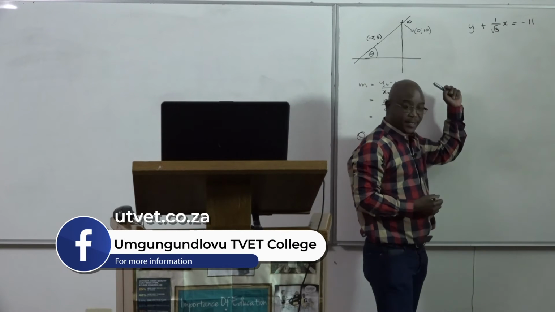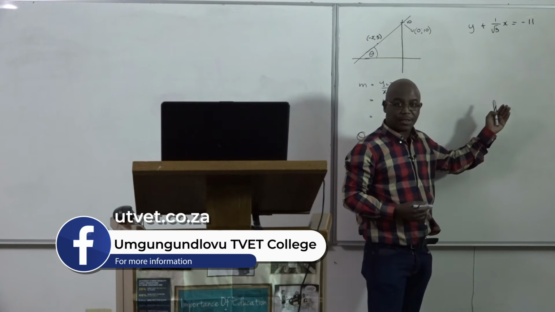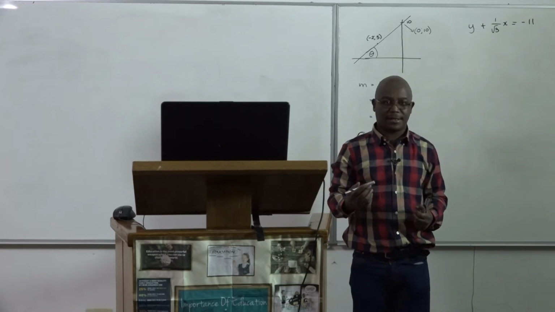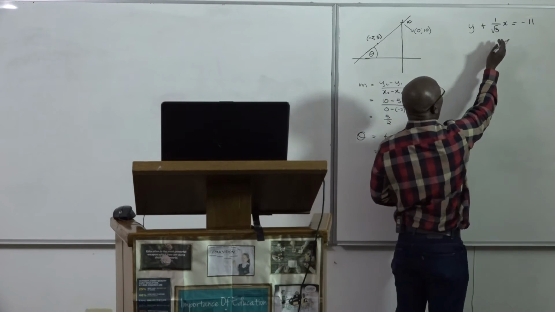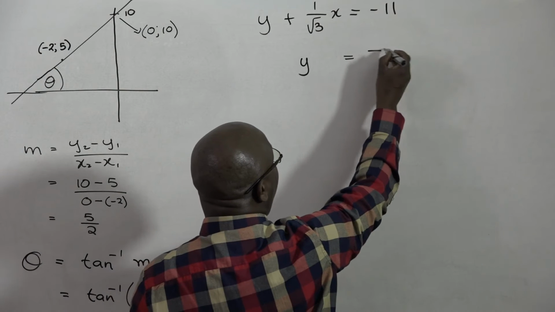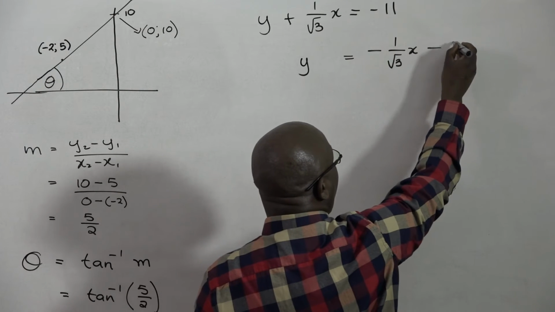So like we said in the previous lessons, we have to rearrange this equation so that it is written in the form y is equal to mx plus c. And to do that, I will have to transpose this part. So y is equal to minus 1 over root 3 x, and then minus 11.